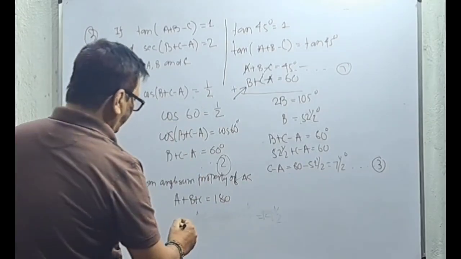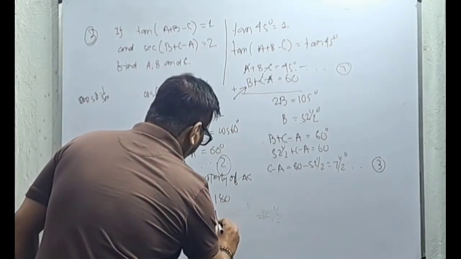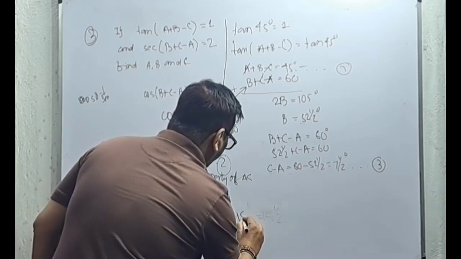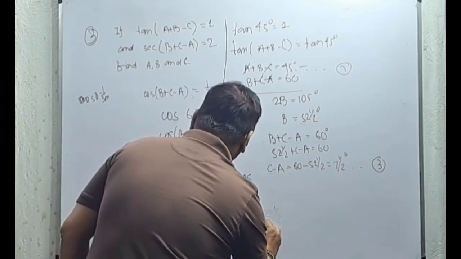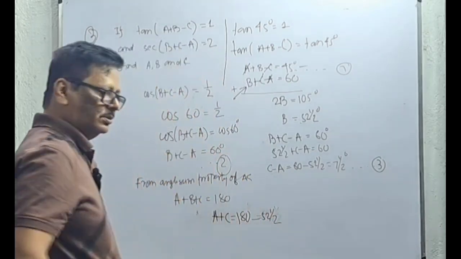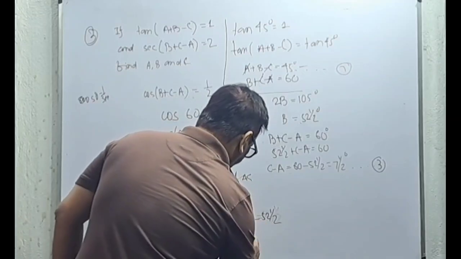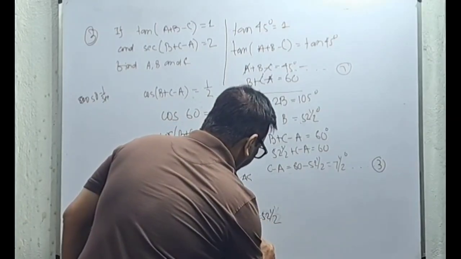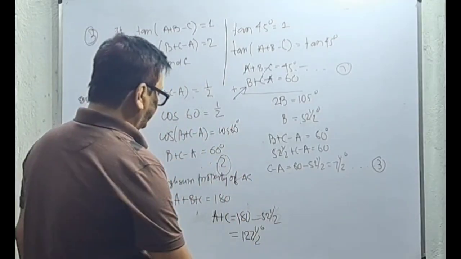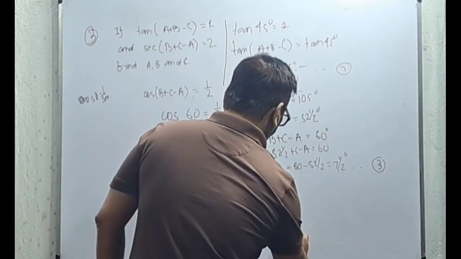So see, from here we can write A plus C is equal to 180 minus 52 and a half. Correct? So this gives you 127 and a half degree. So A plus C. This is our fourth equation.